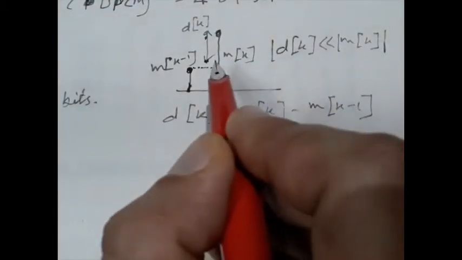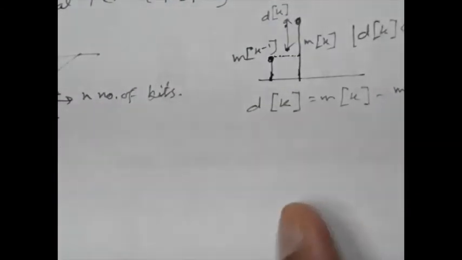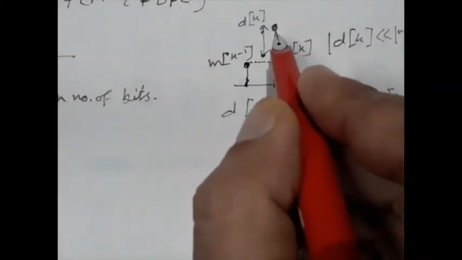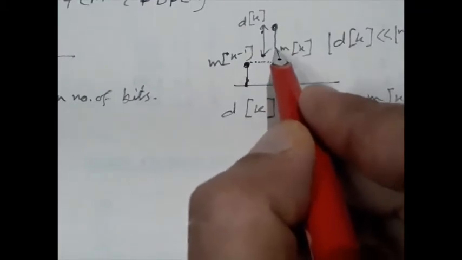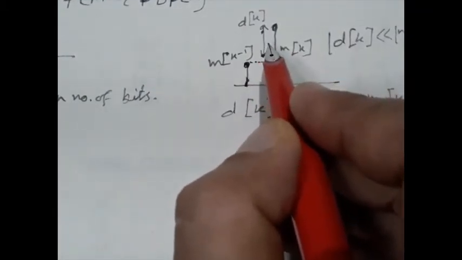So if n number of bits are required to transmit each sample, and d is very small, we get the benefit in this way: instead of using n number of bits, we can use less number of bits.